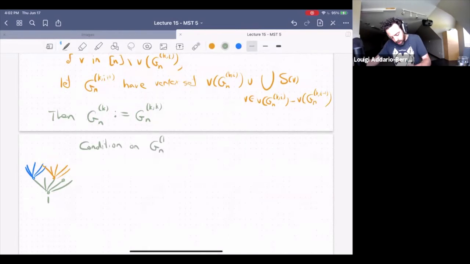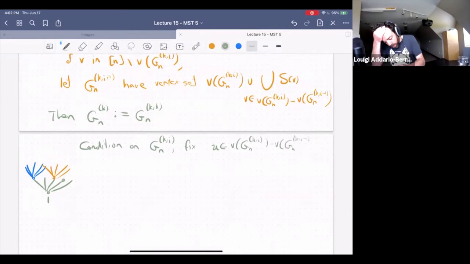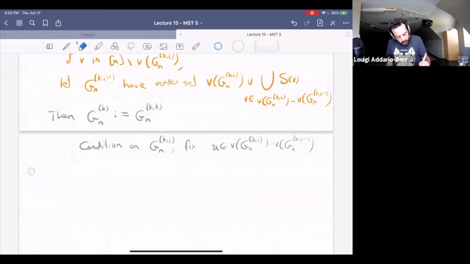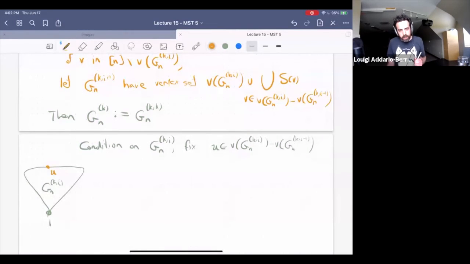So if we condition on G(n,K,i) and then look at a vertex which is in the ith level, so in G(n,K,i) minus G(n,K,i-1). Let me draw it a little more schematically. Here's vertex 1, here's G(n,K,i), and here's a vertex u on the top level.